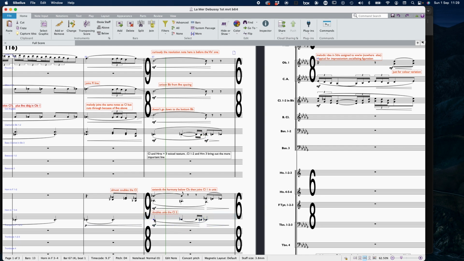So here. Then we've got the B flat, which is actually doubling a little bit of this, and a little bit like a Wagnerian dissipation of sound. It doesn't go for the whole of the bar.